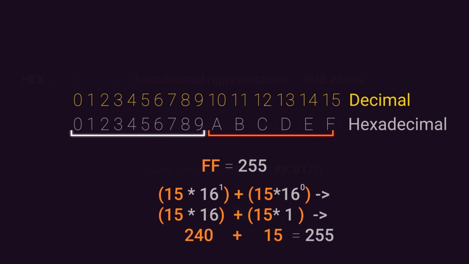So these are the steps of how we get from hexadecimal values to 255.